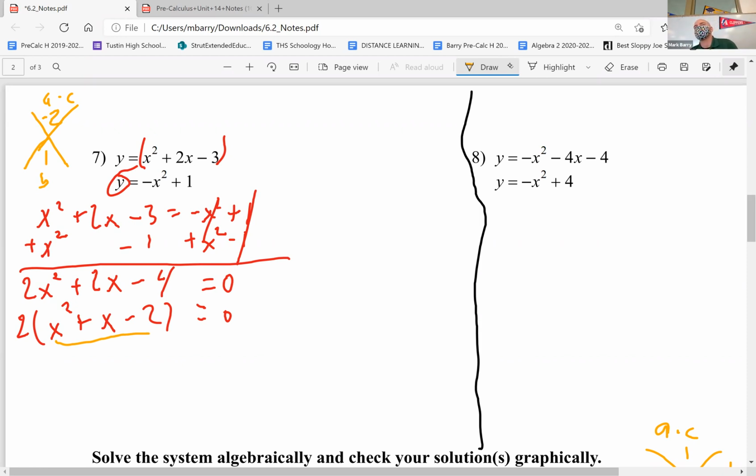We're going to get the same answer either way, but it's just going to be smaller numbers if we do that first. Okay, so two numbers that multiply to negative 2 and add to 1 would be positive 2 and negative 1. So I'm going to split up this middle term, 2x minus 1x.